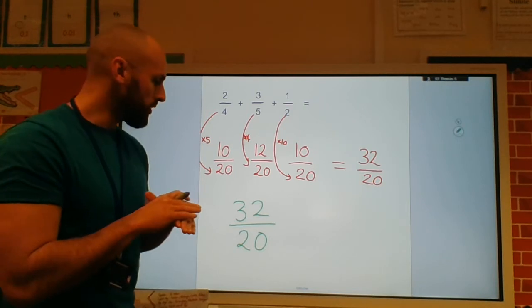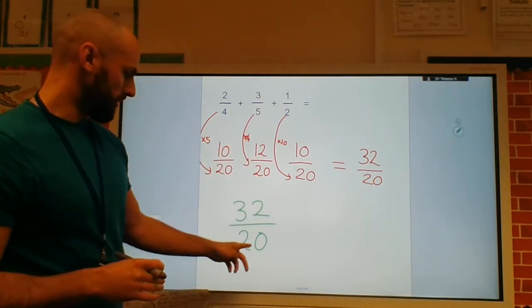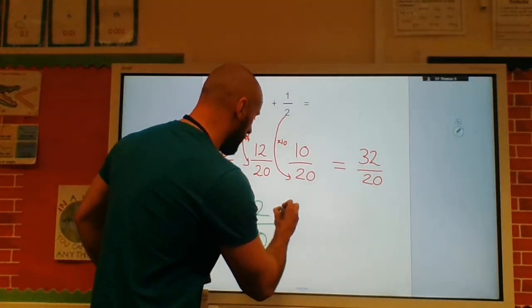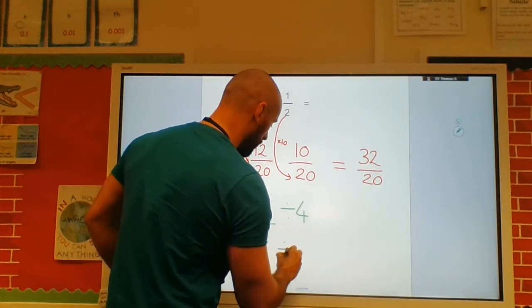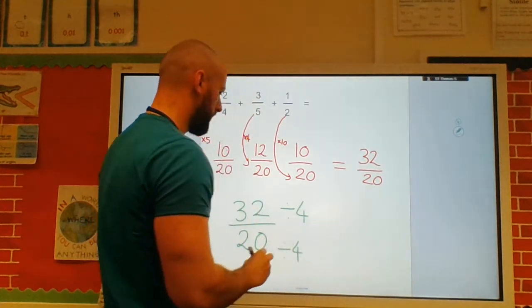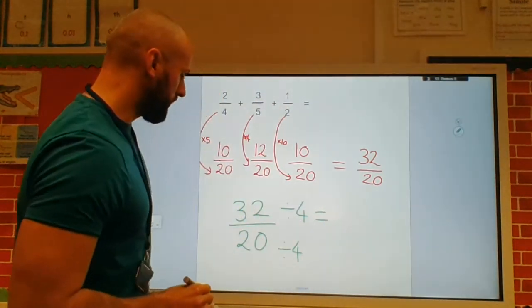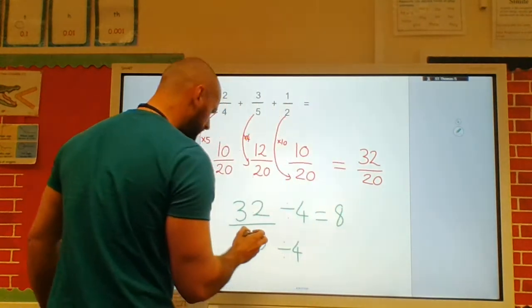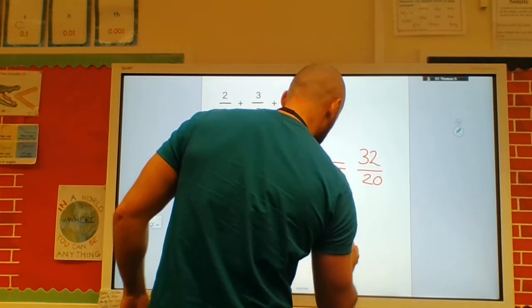Well, the answer's no. 4 is the highest common factor for both of these, the factor that they share. So I can divide both of them by 4. Okay? So 32 divided by 4 is 8. 20 divided by 4 is 5.